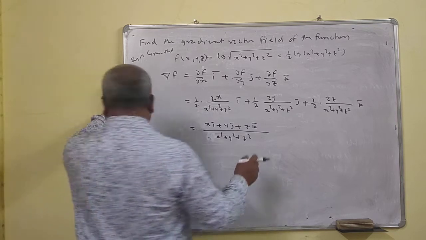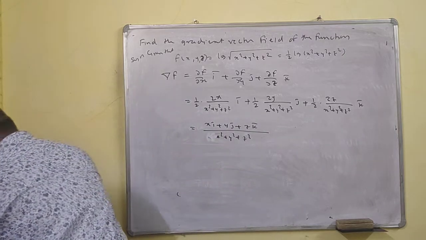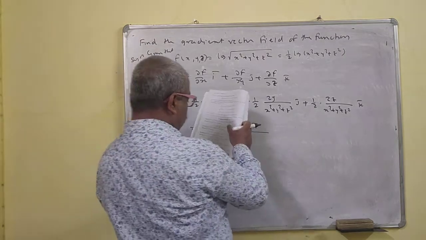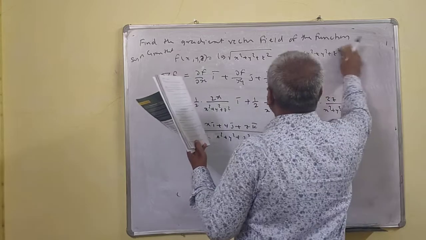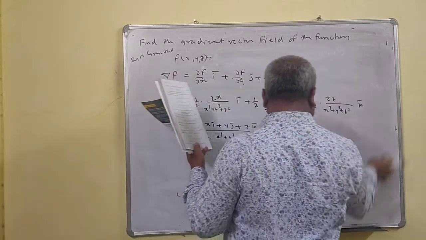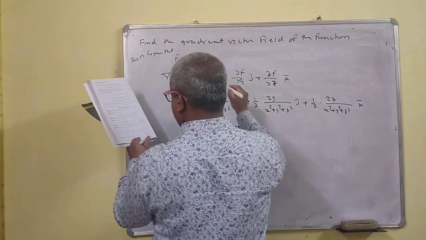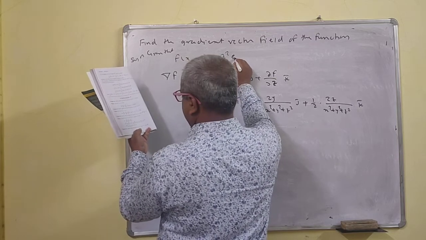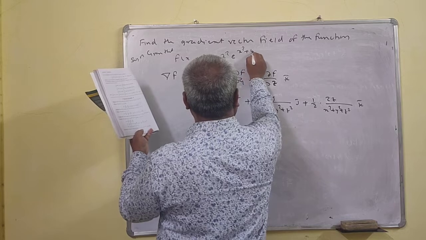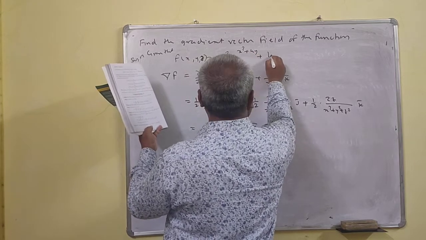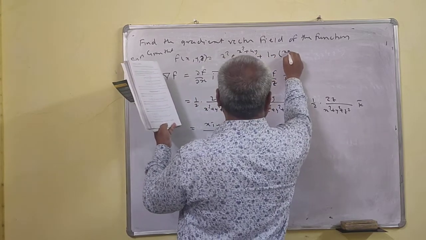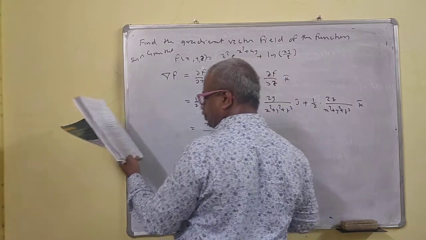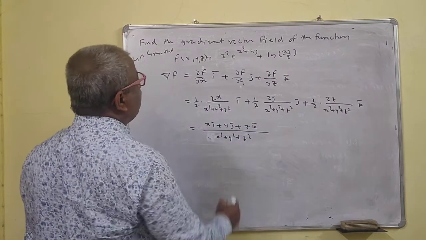Okay, next. I hope that now you understand how to find the gradient of the function. Next, find the gradient of z square e raised to x square plus 4y plus log of xy upon z. We can simplify this.